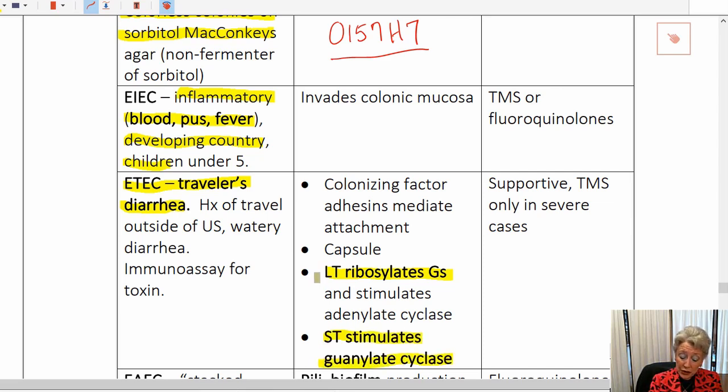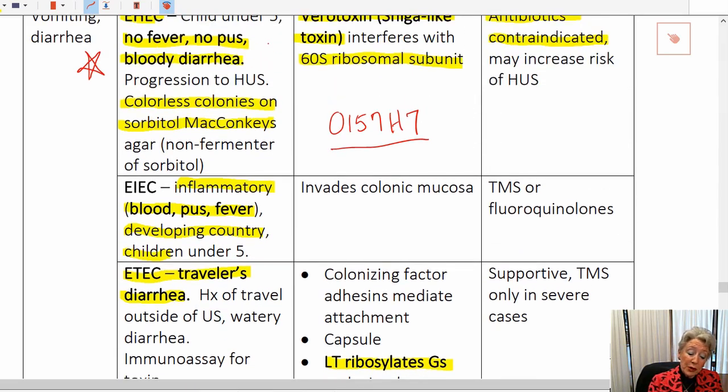And those abbreviations refer to whether or not it is labile in temperature or not, or stable in higher temperature. The labile toxin, the stable toxin. Now, that one is a very, very common one. So I personally would argue that the ones that they're most likely to ask you about are EHEC and ETEC, just because of the numbers of cases.